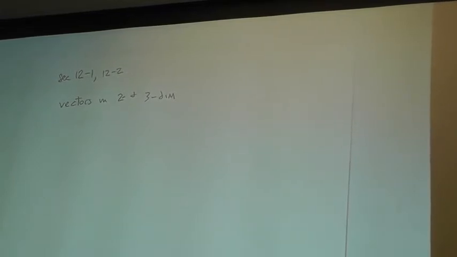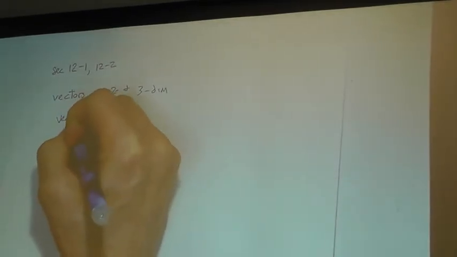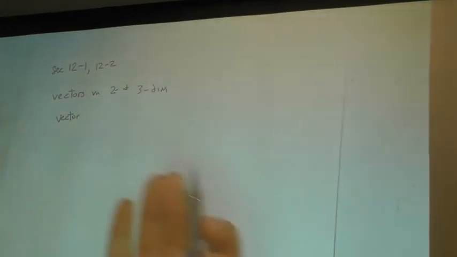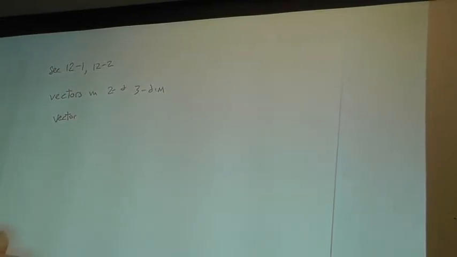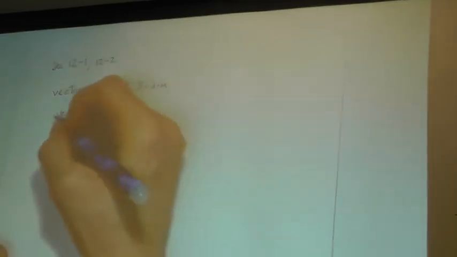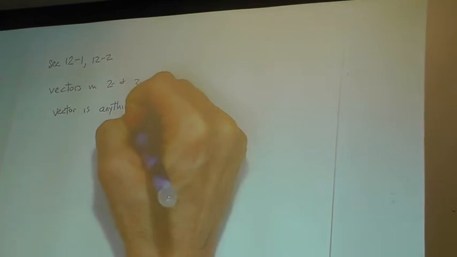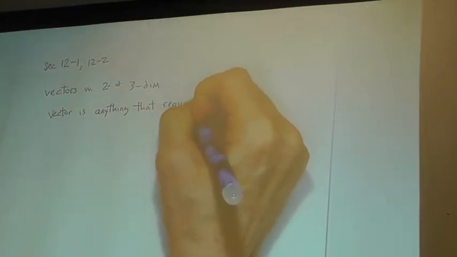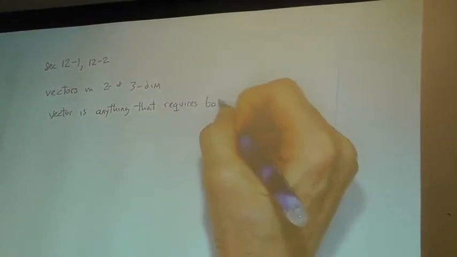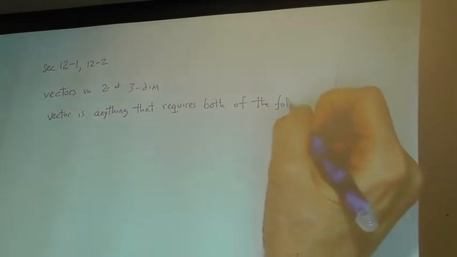So, from my point of view, a vector is any quantity. I hate to say quantity because that to me sounds like a number, and a vector is more than a number. So a vector is anything that requires both of the following to completely describe.